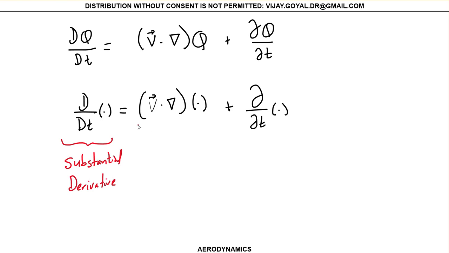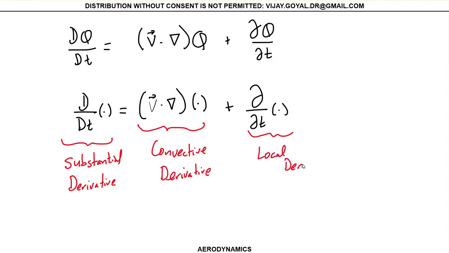This is what we're going to call the convective derivative. And this is what we should call the local derivative. These concepts are important in our analysis. So that means it doesn't matter what I give you, you can always use this expression to find your total derivative in your problem.